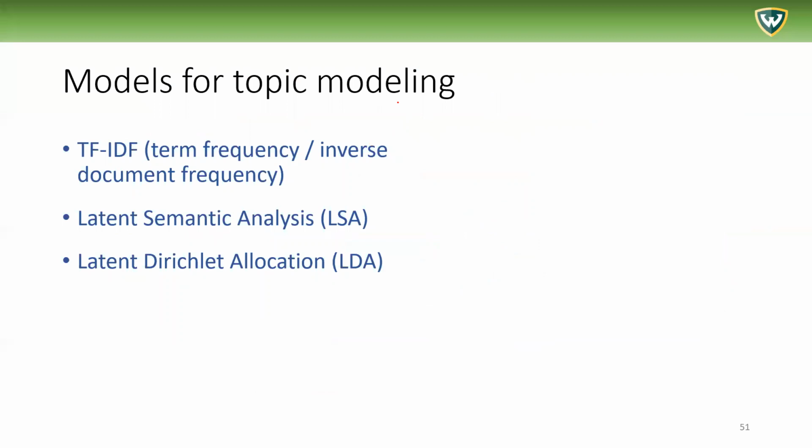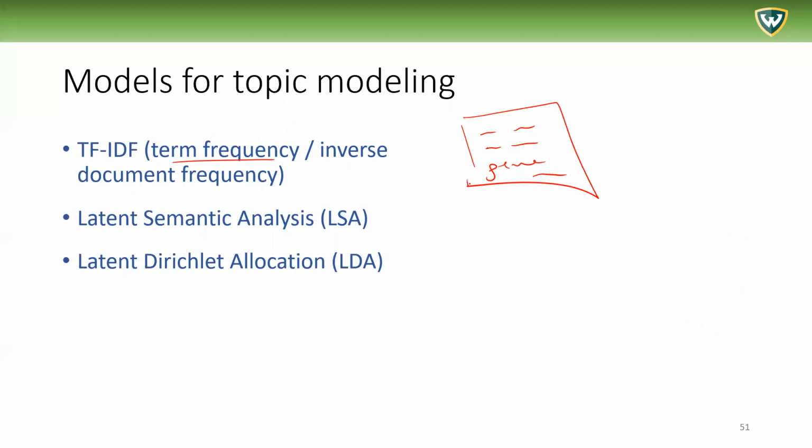There are different models for topic modeling. You can sometimes theoretically use what is called TF-IDF, which is calculating the term frequency. So for each term in a set of documents, the word gene, let's say, is one term, you calculate the frequency of each term and then divide it by the inverse document frequency. That is how rare or not each term is across multiple documents.